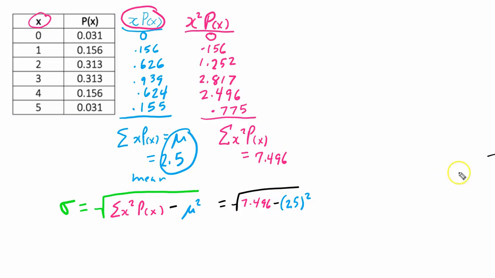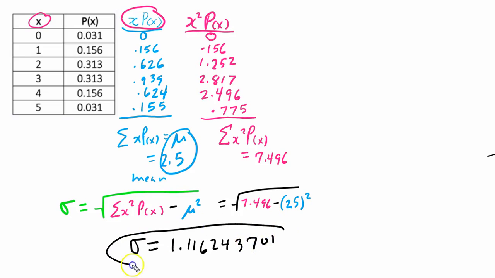All right, so when I put that into the calculator, I will get that sigma is equal to this. And so that is my standard deviation. So that's how you do it by hand.